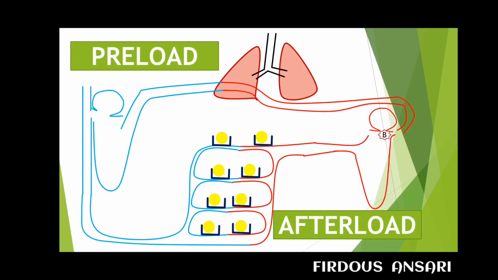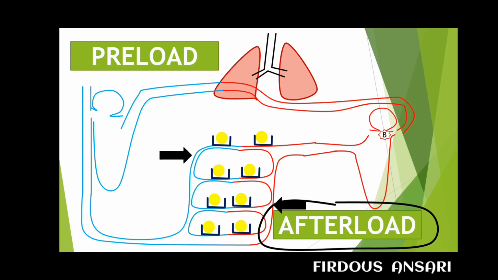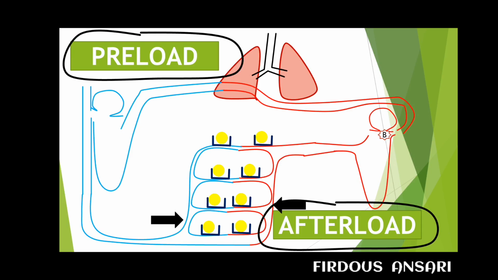Now we know that whenever angiotensin 2 binds with its receptor, it will cause constriction of the arteries, because of which it increases the afterload, and it also causes constriction of the veins, which will increase the preload. Now both afterload and preload have been increased.